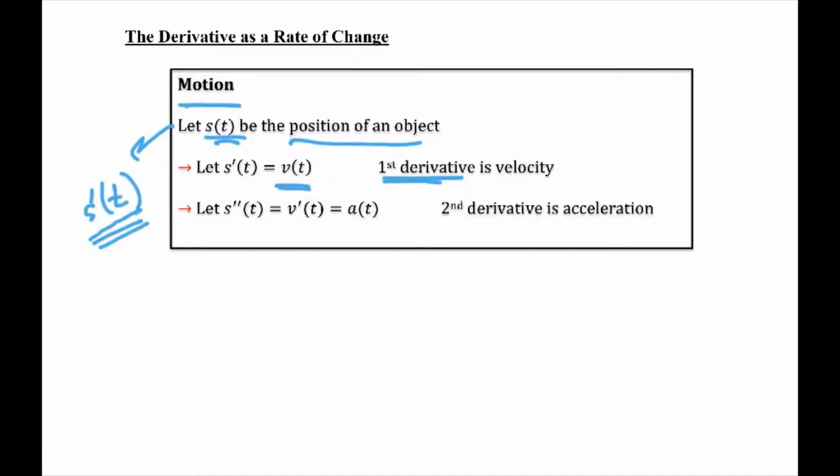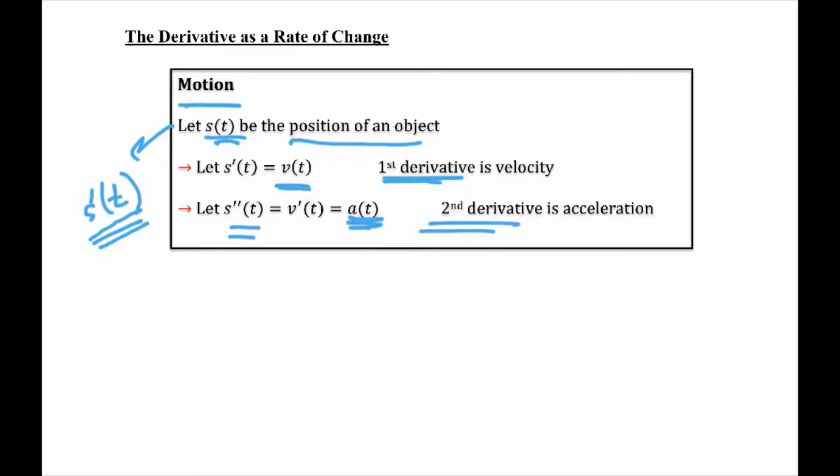You can take another derivative, so s double prime of the position, two derivatives of your position, and you get what is known as the acceleration. So the acceleration is the second derivative. Are you speeding up? Are you slowing down?